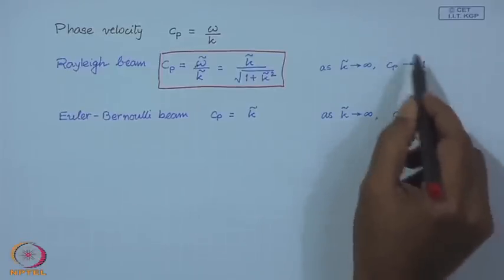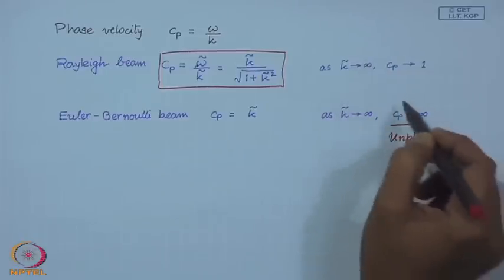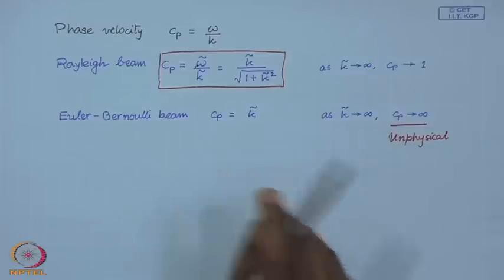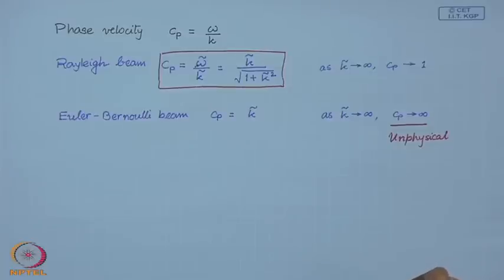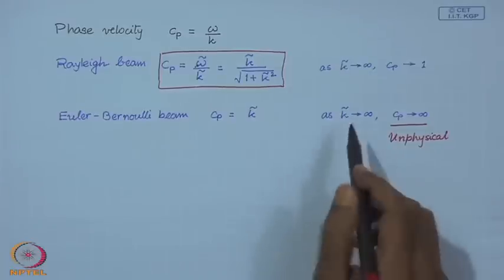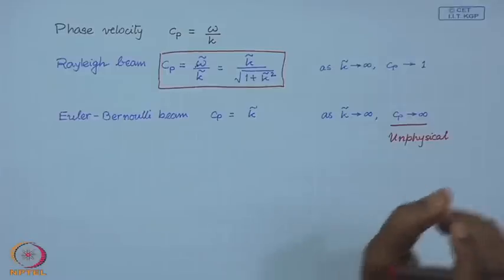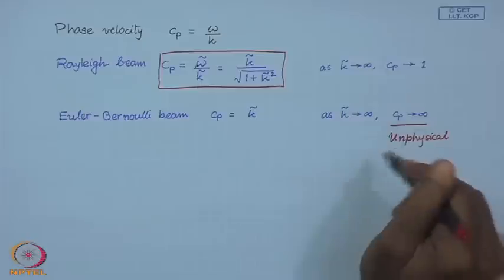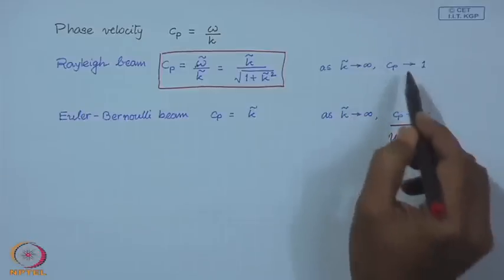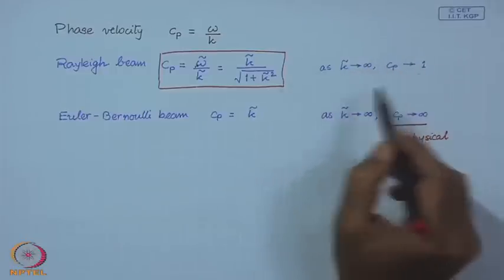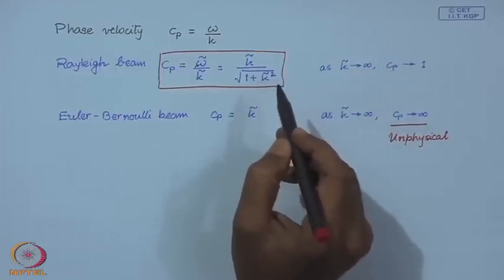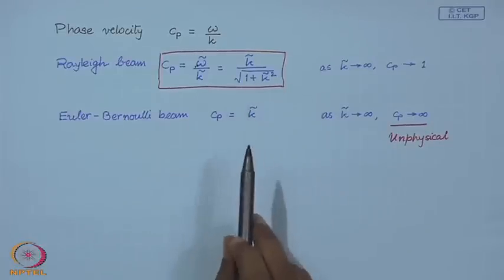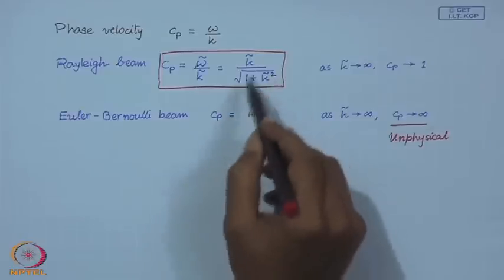So, we can understand that the Euler-Bernoulli beam represents an unphysical model when the wavelengths become very small, which means wave number goes to infinity. So, for very short wavelengths, they can travel at infinite speed. As the wavelength goes to 0, the speed goes to infinity, which is quite unphysical. Whereas, in the Rayleigh beam this is bounded, and the reason it is bounded is the presence of the rotary inertia term.